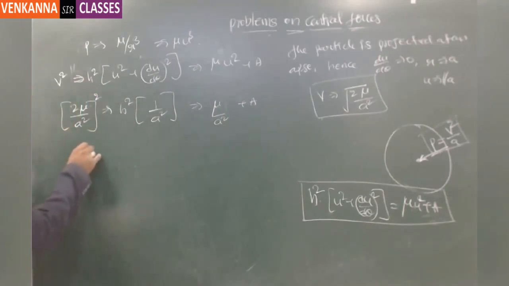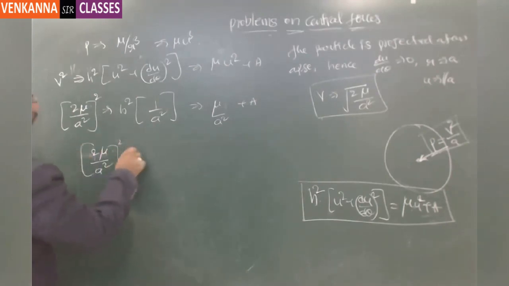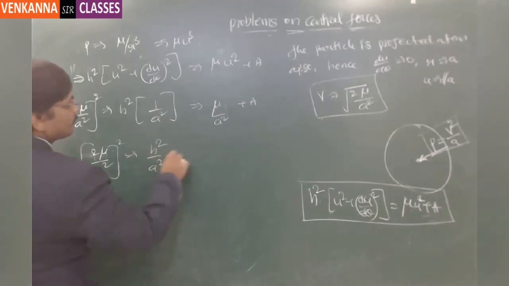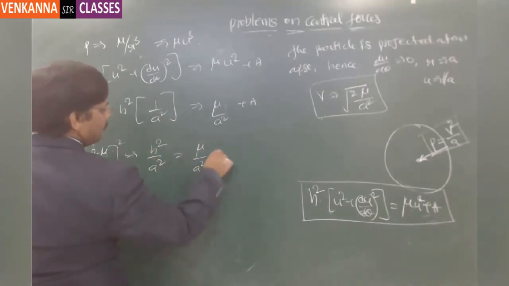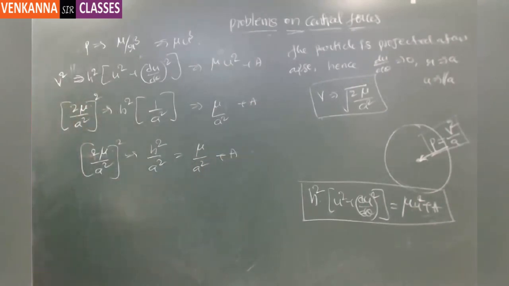Now from this relation, 2 mu by a square is equal to h square by a square, which is equal to mu by a square plus a. Sorry, for this actually there is a root, right? Yeah, so here there is no root now.